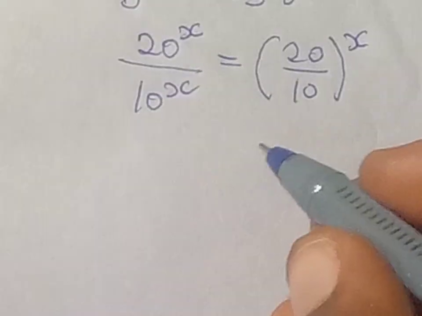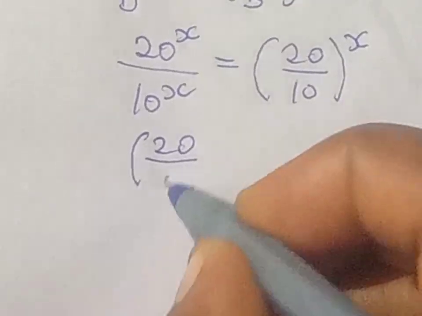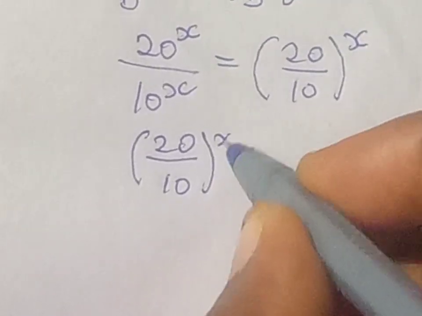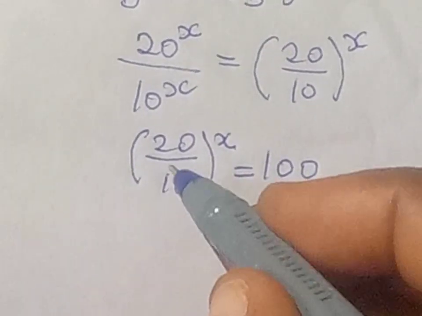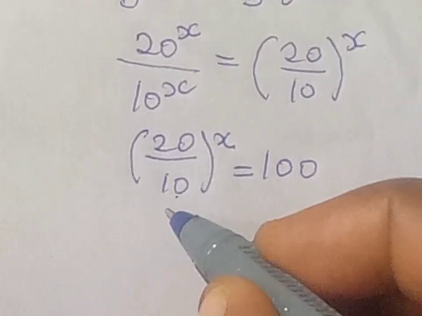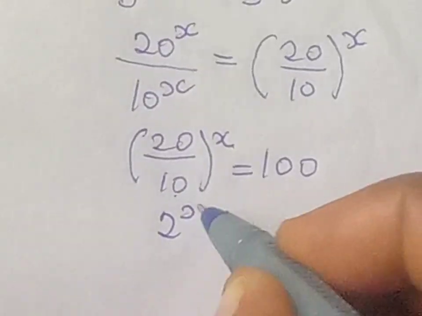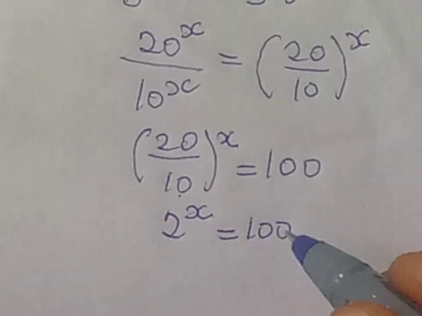So our equation becomes (20 divided by 10)^x equals 100. Since 20 divided by 10 equals 2, so 2^x equals 100.